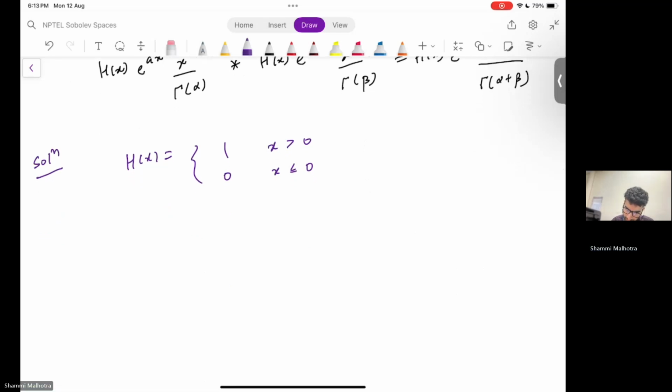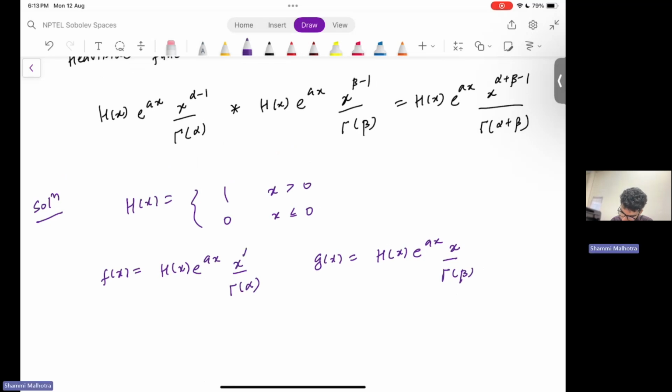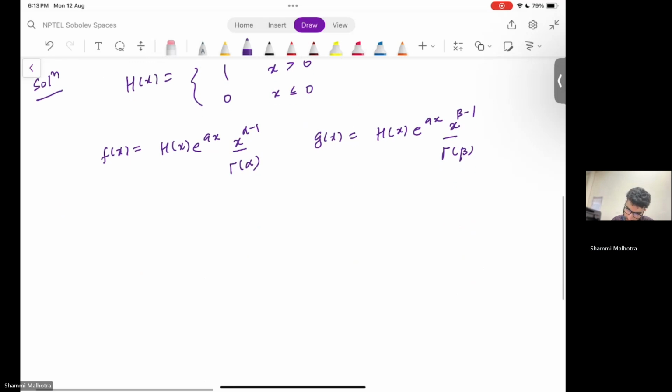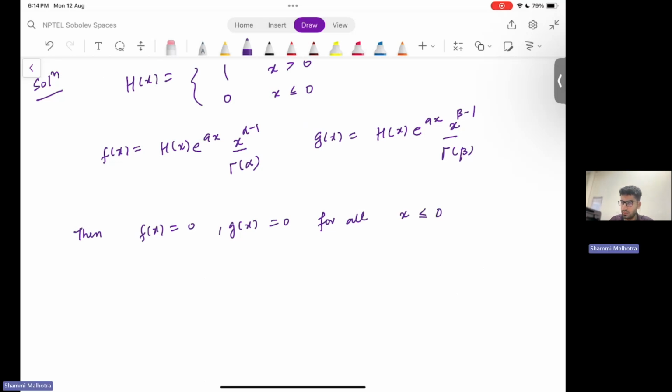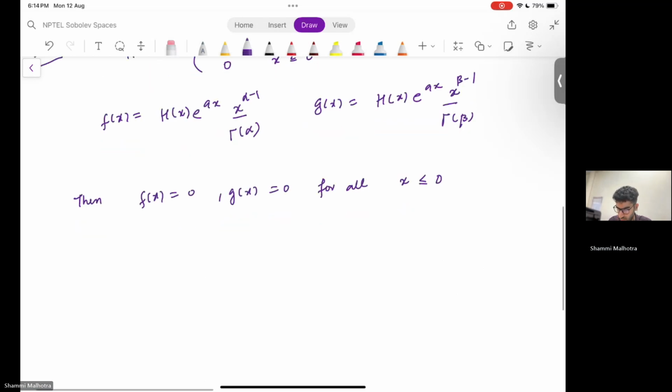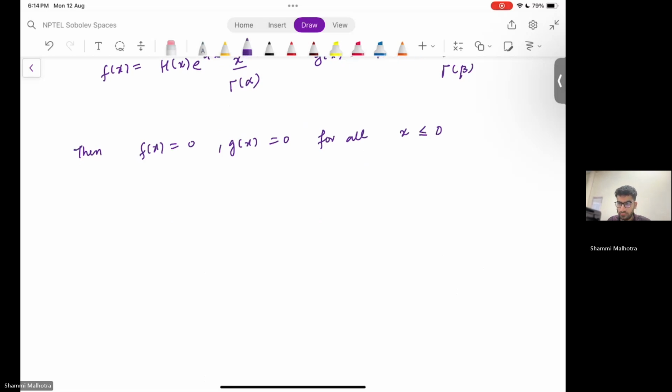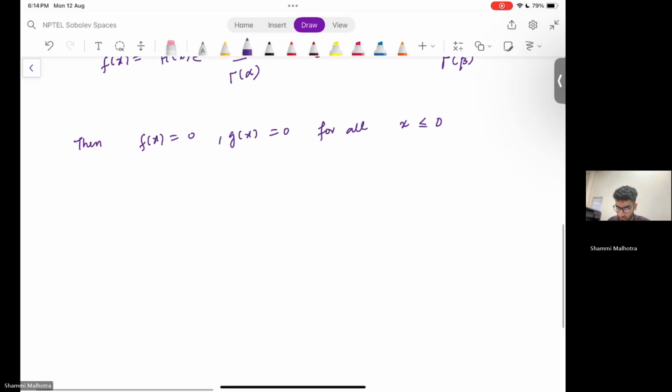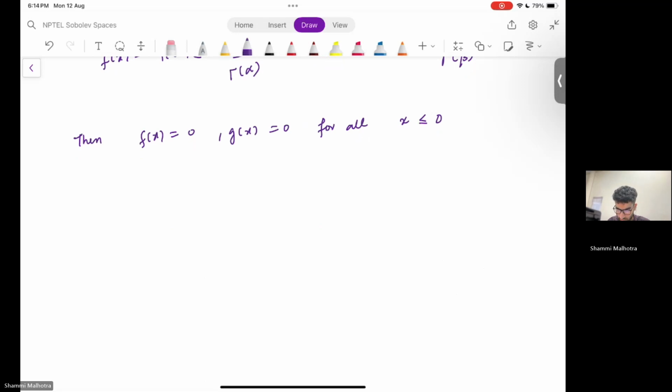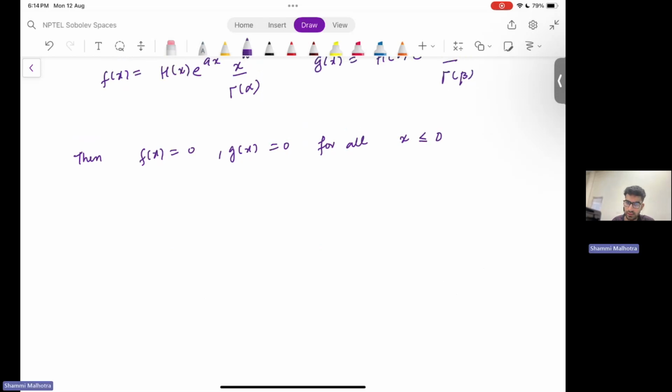If I take f(x) to be H(x) e^(ax) x^(alpha-1) / Gamma(alpha), and g(x) to be H(x) e^(ax) x^(beta-1) / Gamma(beta), then f(x) is 0 and g(x) is also 0 for all x less than or equal to 0.